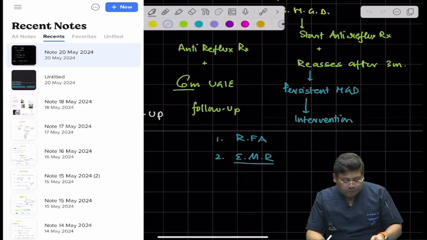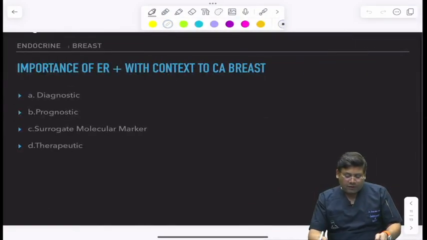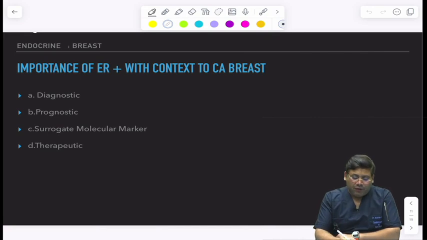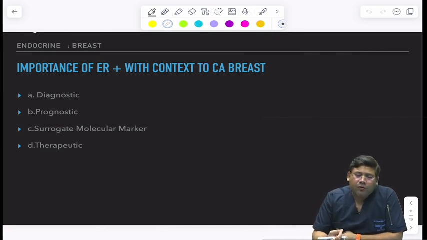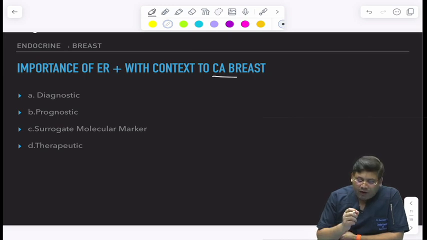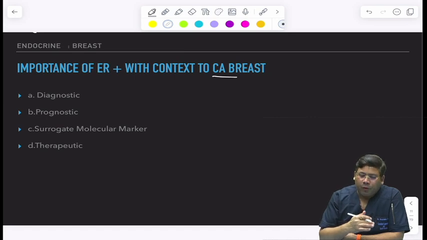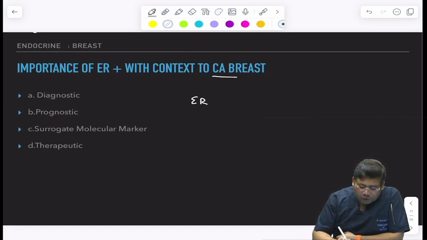Okay, student, let us move forward and discuss one more question. Now, what is the significance of ER positive with context to CA breast? Try to understand that whenever we talk about CA breast, we need to study the molecular resemblance of the tumor, and that is why we have 4 standard molecules: ER, PR, HER2/neu, and Ki67.